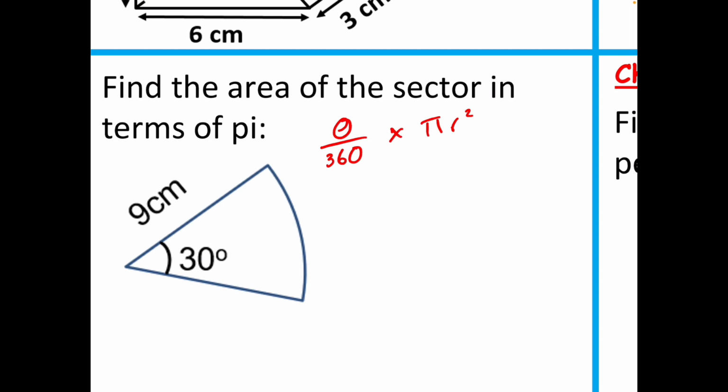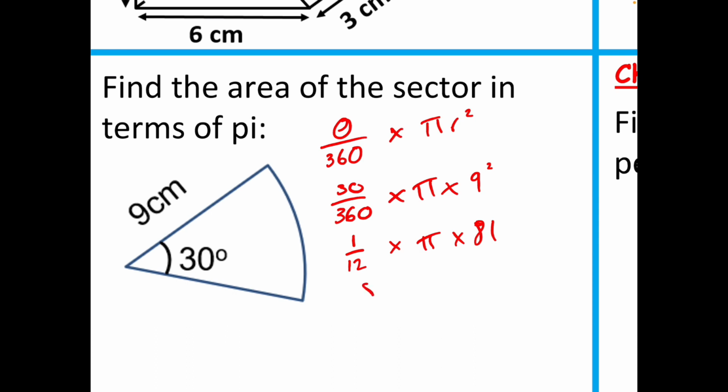What we do next is substitute in. We get 30 over 360 multiplied by pi multiplied by r squared. R is the radius, which is 9, and that's squared. Simplifying this fraction, I get 1 over 12 multiplied by pi multiplied by 81. I want to combine the fraction and the number now, leaving pi on its own.